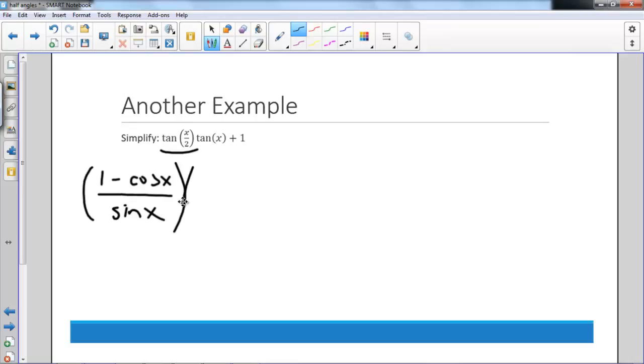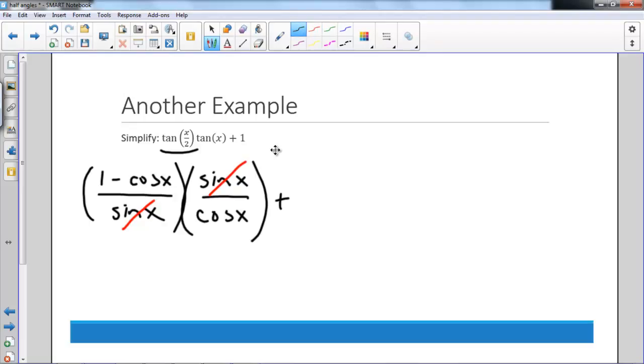I chose to use this because I see it's being multiplied by a tangent. And I know tangent is sine of x over cosine of x. So I kind of tricked you into randomly picking this, but the reason I picked that was because I knew that tangent is sine over cosine. So in picking this, I was actually able to think 2 steps ahead and see that my sines were going to cancel.